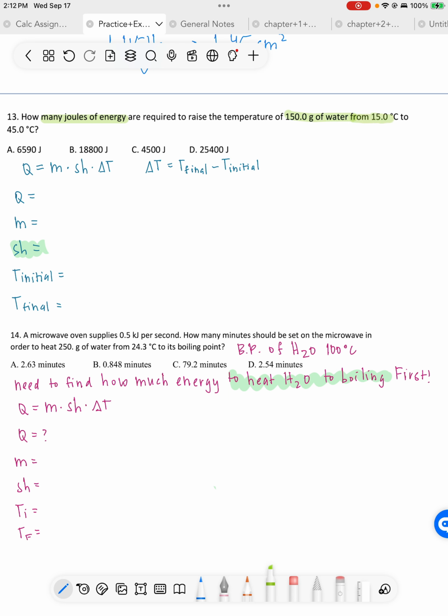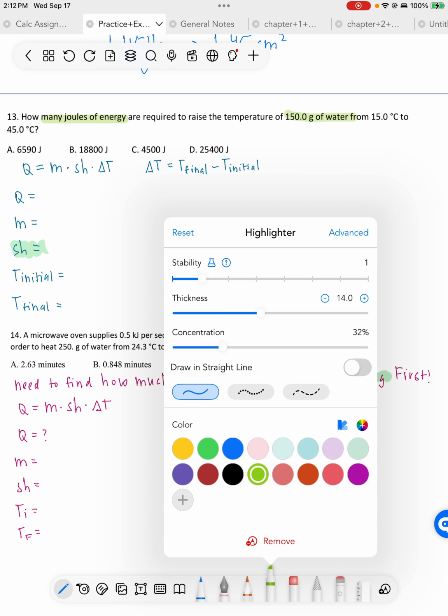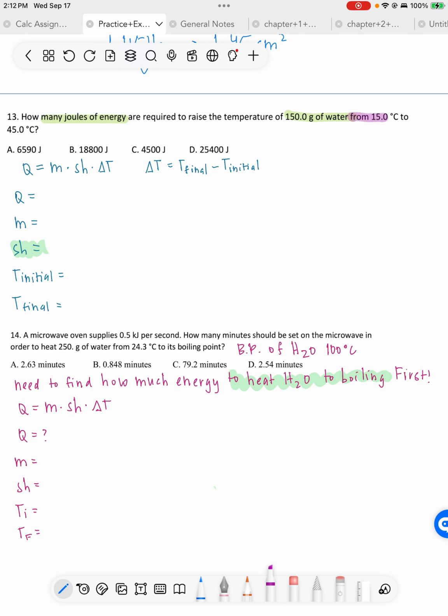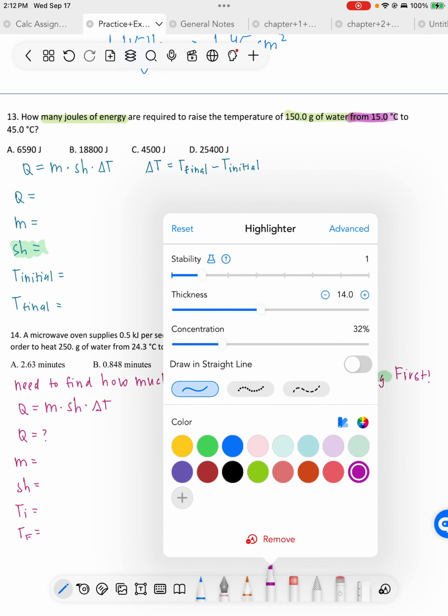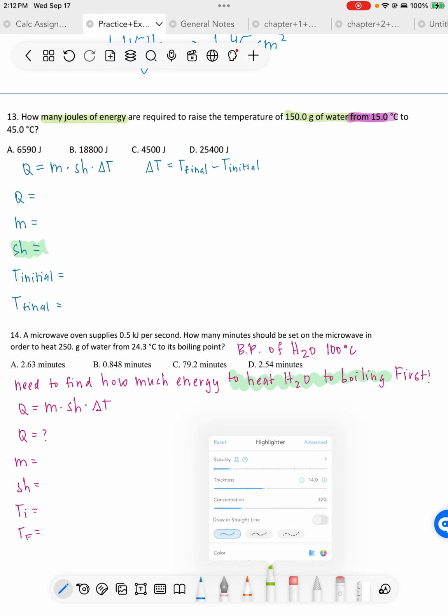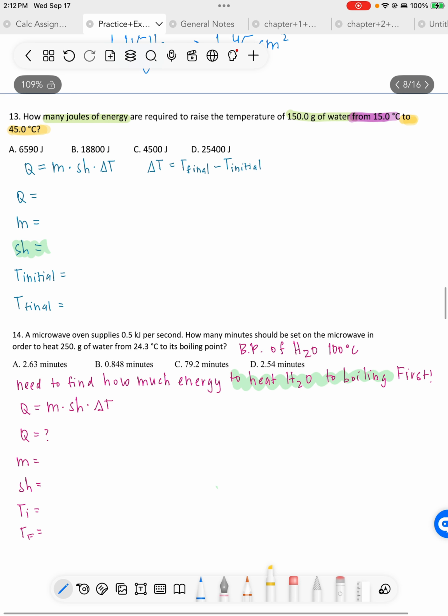We have a from temperature, and in fact, let's do that in a different color. We have a from temperature, and we have a to temperature. So from a temperature to a temperature. Okay, so our specific heat equation is Q, and Q is our joules.